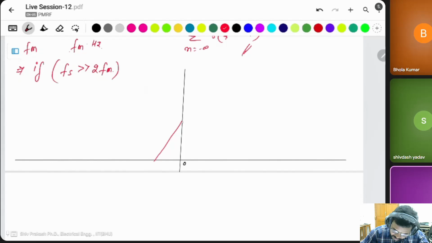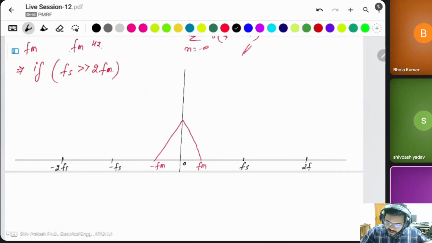This is your original signal. This frequency is minus Fm to plus Fm. Next, the impulse train occurs at Fs, then 2Fs. Same thing here also, minus Fs, the sampling frequency, minus 2Fs.